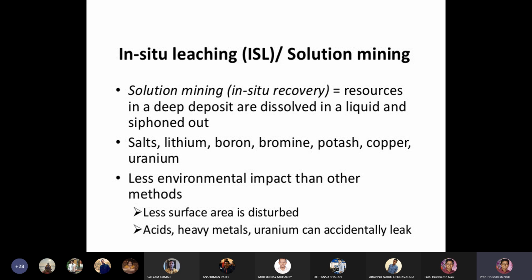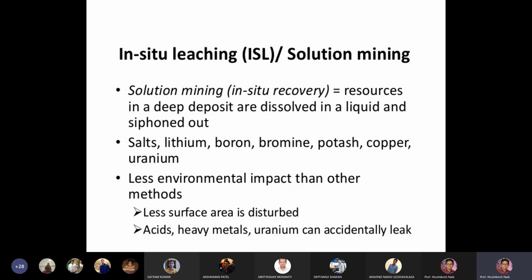Resources in a deep deposit are dissolved in a liquid and siphoned out. In the case of in situ leaching, if the deposits are at a greater depth, the resources are dissolved in a liquid and siphoned out to the surface.